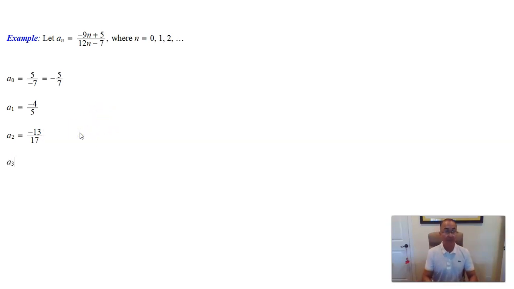A sub 3: n is 3, -27 plus 5, that's -22, divided by 36 minus 7, which is 29. All right. So these are the 0th term, first term, second term, and third term of our sequence.